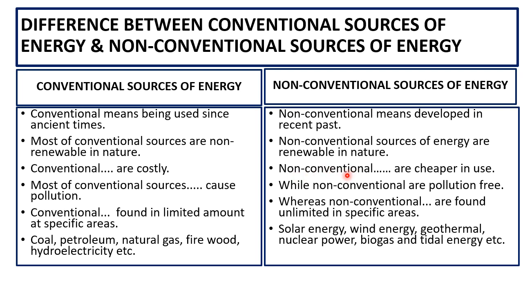The installation cost of some non-conventional sources of energy is a little bit high, but once installed, it is cheaper in use afterward. Most of the conventional sources of energy cause pollution when they are used, while non-conventional sources of energy are pollution free, means in utilization they do not cause pollution.